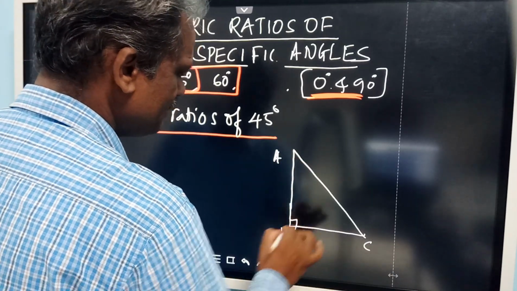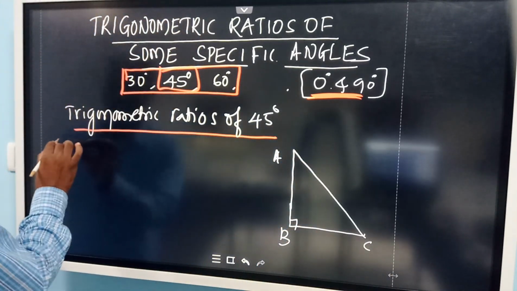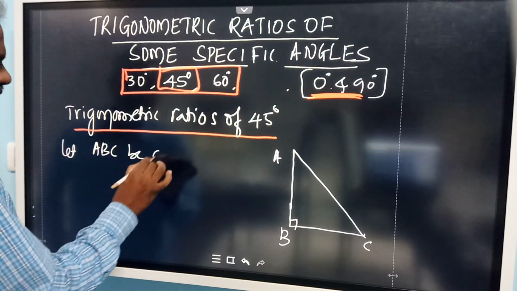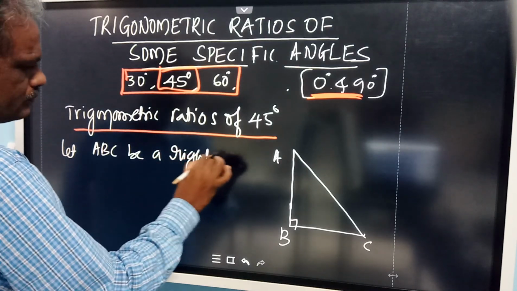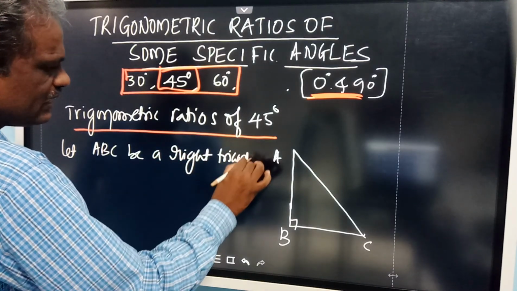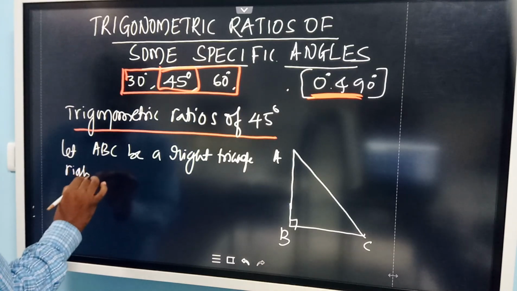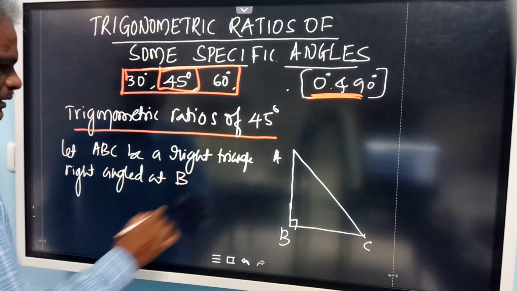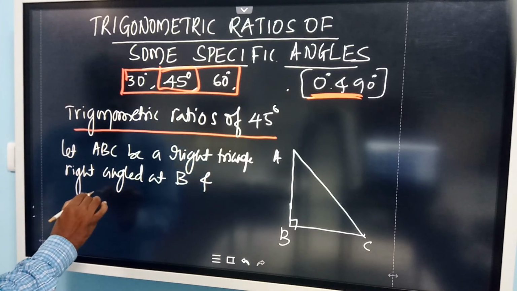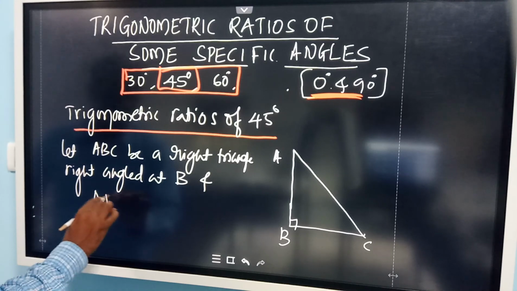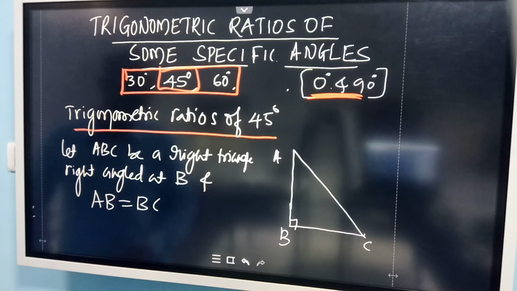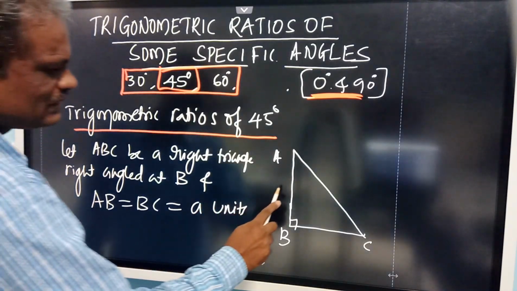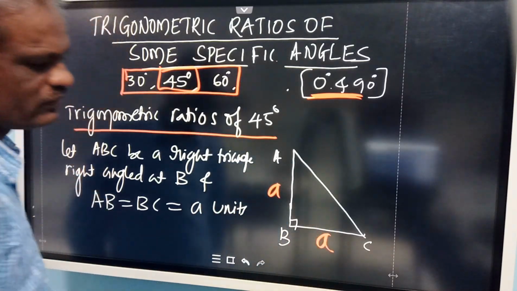Let ABC be a right triangle, right angle at B. And another condition: AB should be equal to BC. So let us take both equal to some A units. I am going to take this as A and this is also A units.